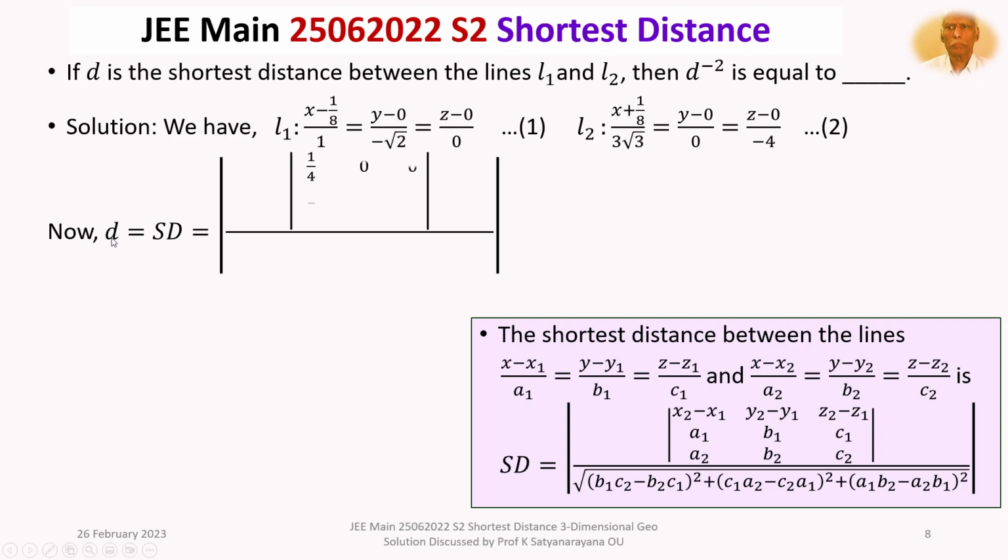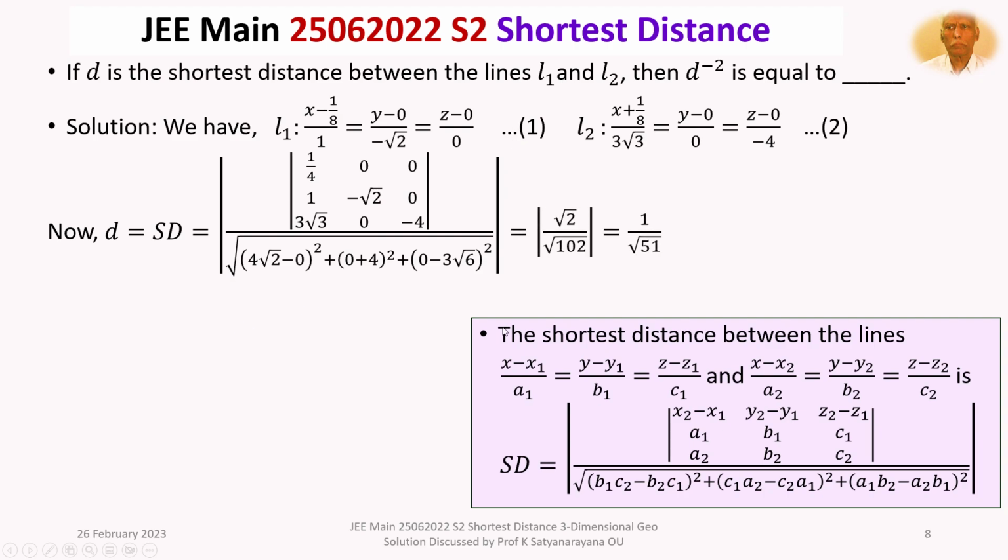So now D is the shortest distance, equal to the modulus of the 3 by 3 determinant.